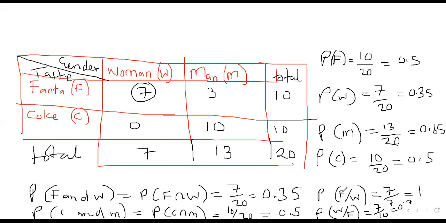But here I said female given woman, they still meet at 7, but the total for the woman is down there, which is 7. So 7 over 7, which is 1. I can swap this one, woman given female. They meet at 7, but the total for what is down? The total for the Fanta was 10. So this is 7 over 10. Is that clear?